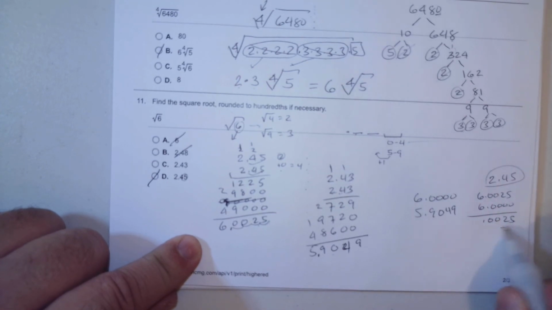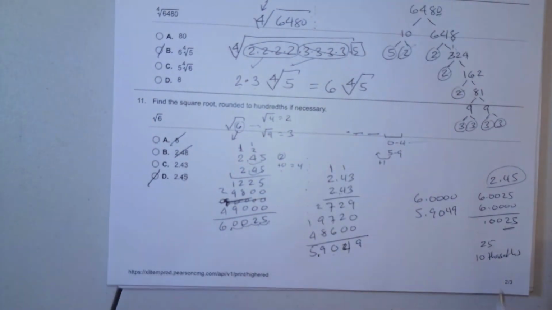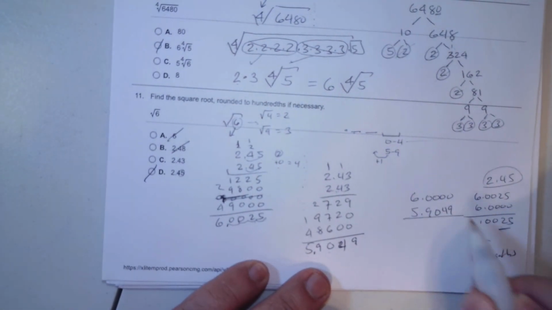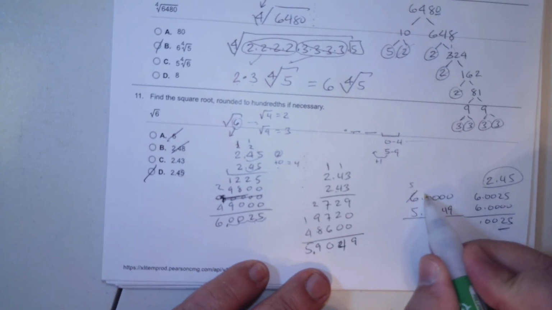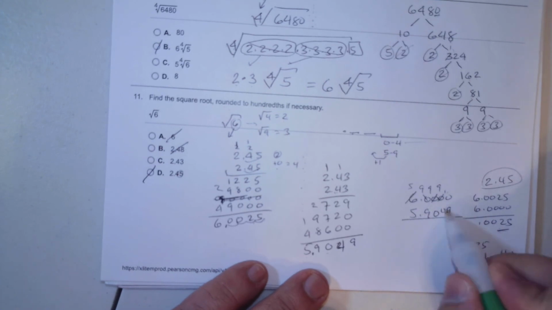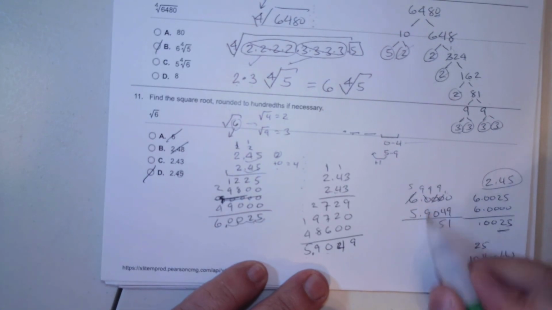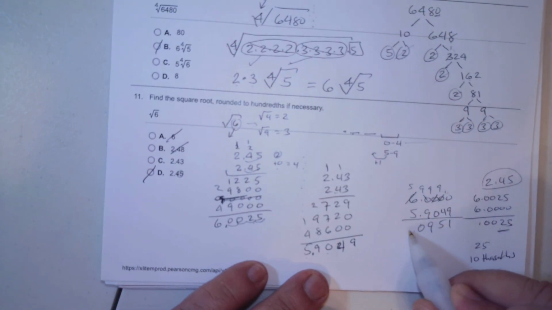2.45 is only off by 25 ten-thousandths. That's how close it is. How about this one? 10 minus 9 is 1. 9 minus 4 is 5. 9 minus 0 is 9. 9 minus 9 is 0.